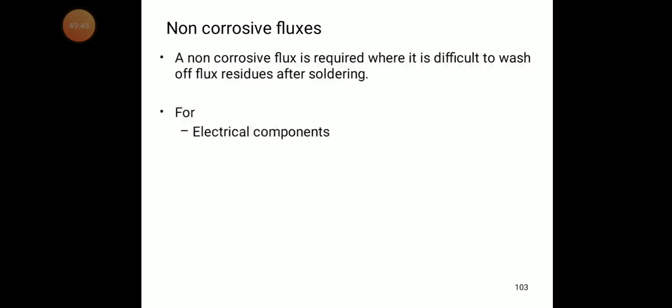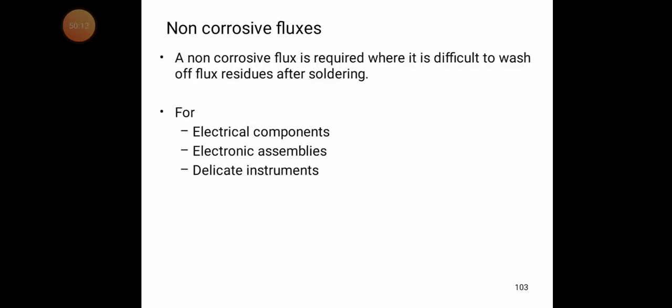We also have the non-corrosive fluxes. A non-corrosive flux is required where it is difficult to wash off flux residues after soldering. Wherever we don't wash off the flux, at that place we use the non-corrosive one, because if it is corrosive, it may corrode the board.